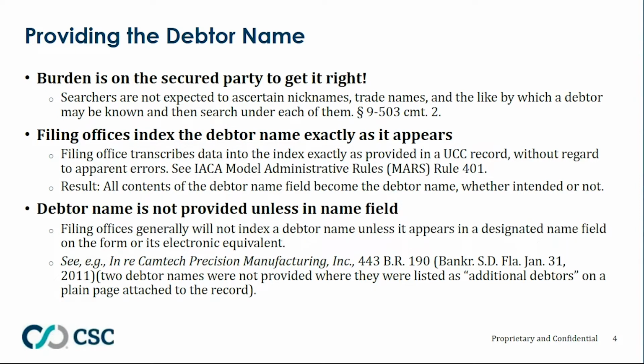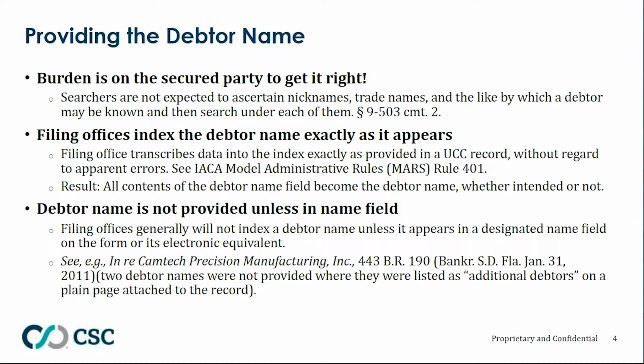I cite a case here where the attorney that filed a financing statement put two debtor names on an attached schedule rather than in the debtor name fields of addendum forms. Because they were not in name fields, they were not indexed by the filing office, as they shouldn't have been.